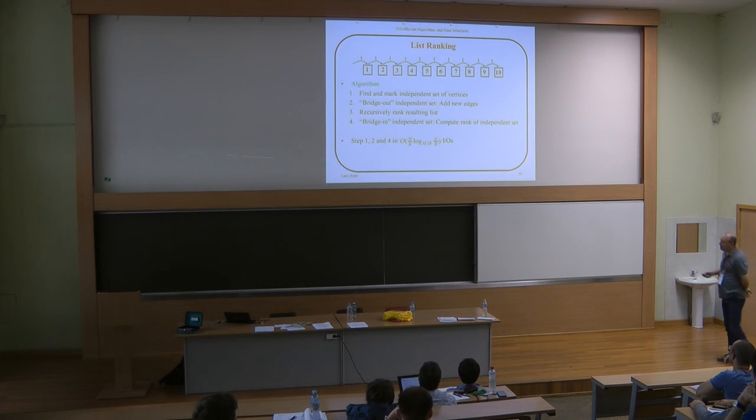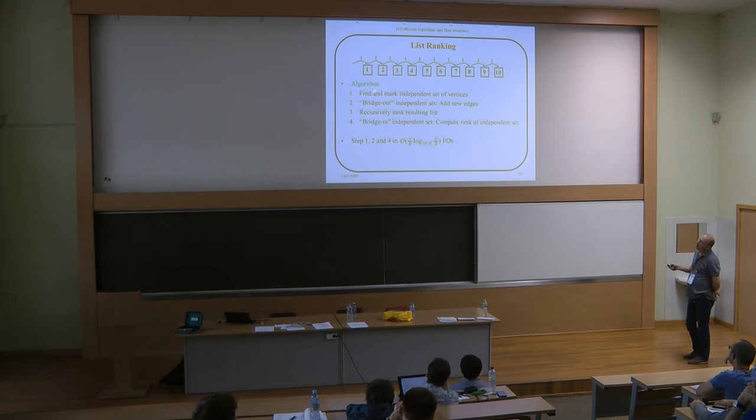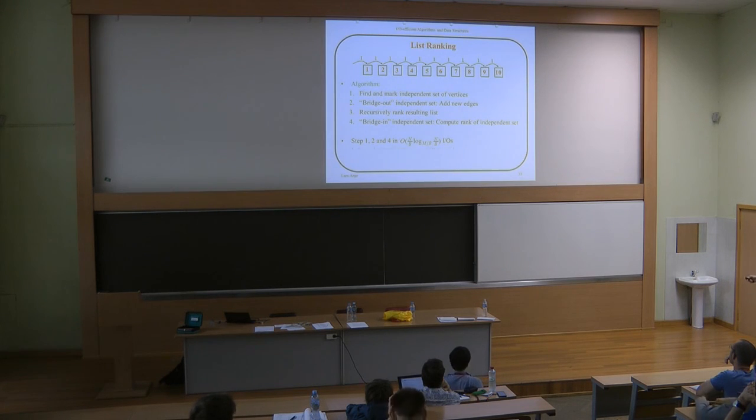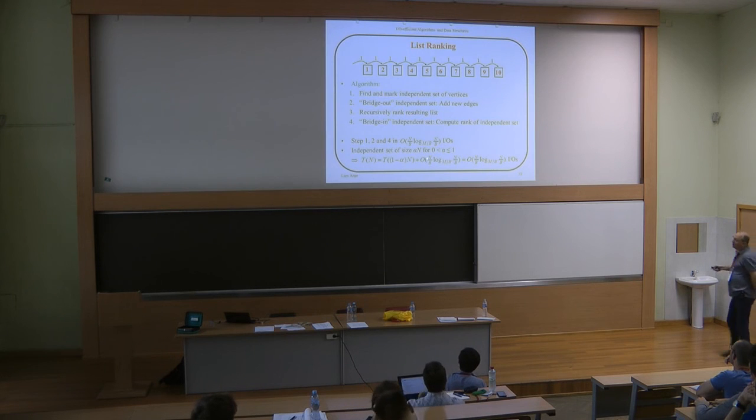Now the trick here is that I'm going to show you that I can do steps 1, 2, and 4 in the sorting bound. So I can find the independent set in the sorting bound. I can do the bridging out and the bridging in in the sorting bound. Now if I could make sure that the independent set is of size alpha n for some constant alpha smaller than 1, then the recurrence for this algorithm is T of n equals the recursive call on (1 minus alpha) n elements plus the sorting bound, which gives me the sorting bound.